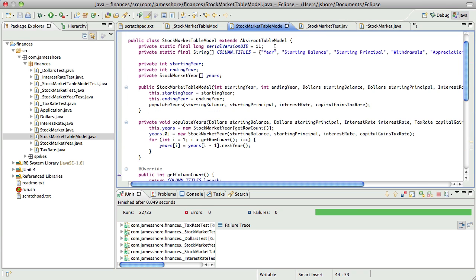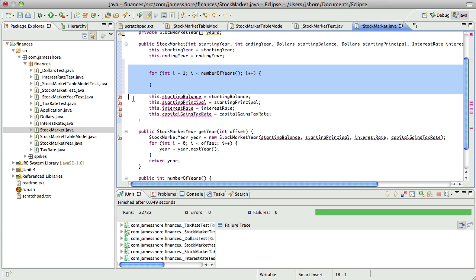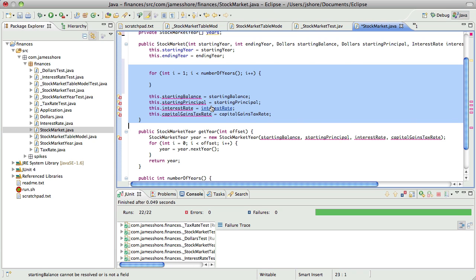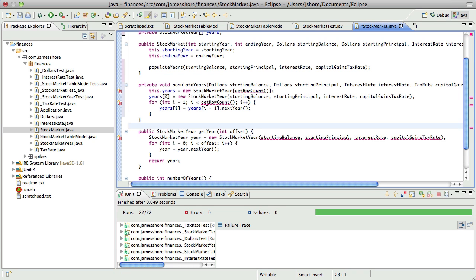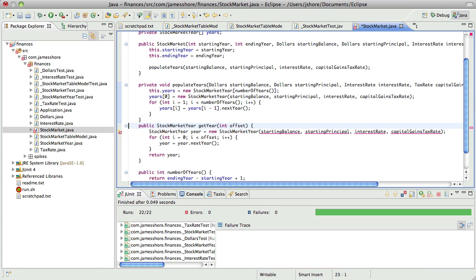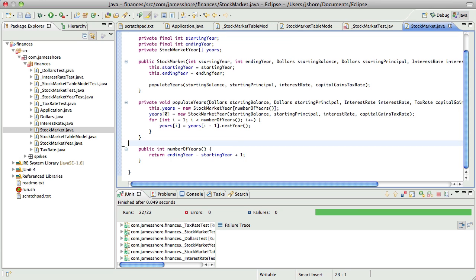In fact, let's just grab it. Now we're recalculating the number of years every time as well, but I'm not nearly as concerned about that.